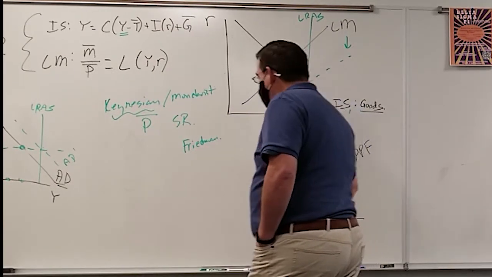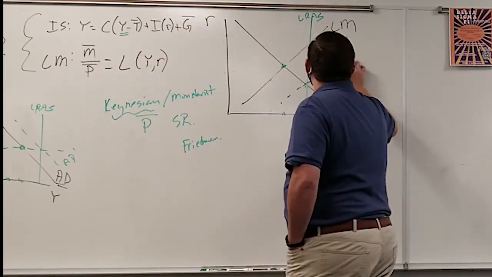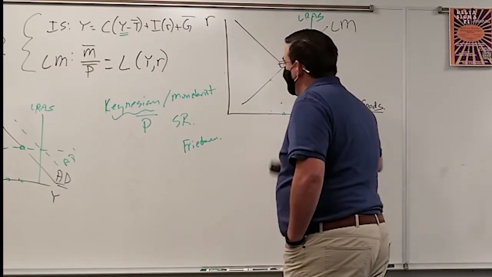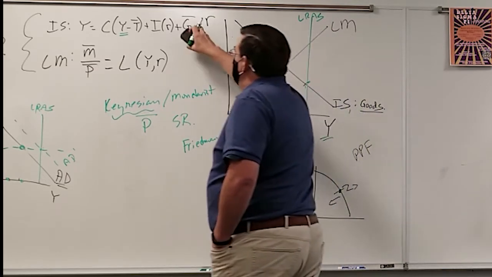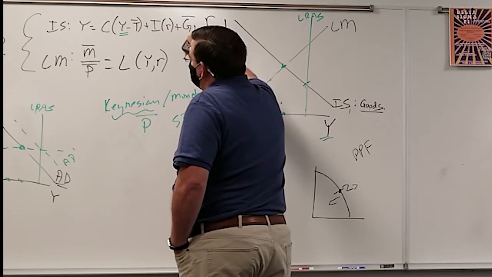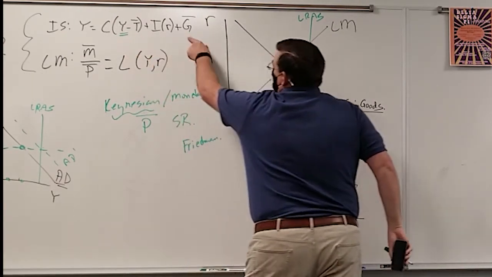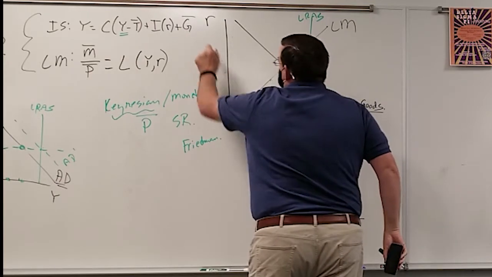A Keynesian approach, instead of interacting through the monetary side, would seek to affect aggregate demand by influencing the IS curve, either by reducing taxes or increasing government spending.